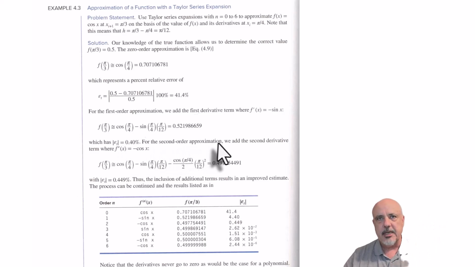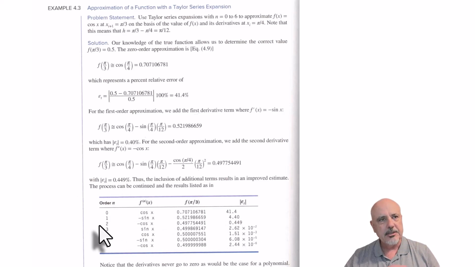Second order approximation, we're going to add in the second derivative term. And the second derivative is minus cosine. So we bring in the minus cosine, and now you're starting to see where you're dividing by that 2 factorial. So we're dividing by 2 factorial, or just 2. We're going to multiply by h squared, which is pi over 12 squared, and we're getting 0.497 and change. And that is correct at 0.449%.